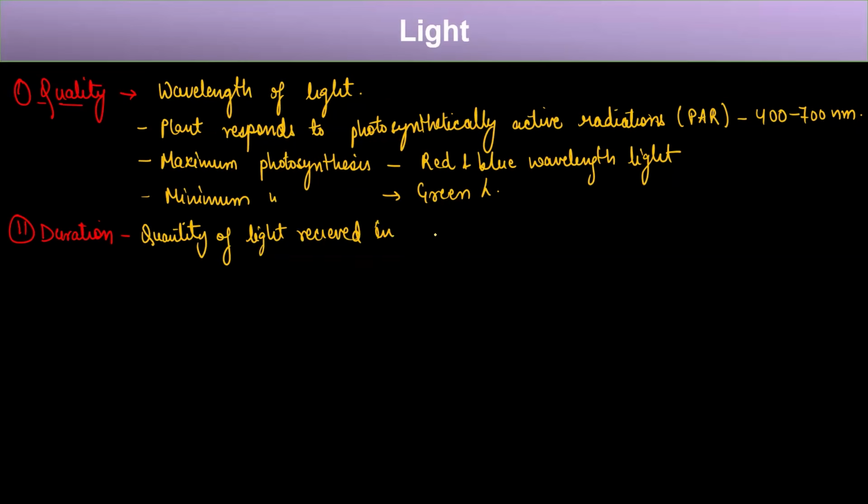This is also known as photoperiod. Photo means light, so light period: for how much time the light is received by the plant.